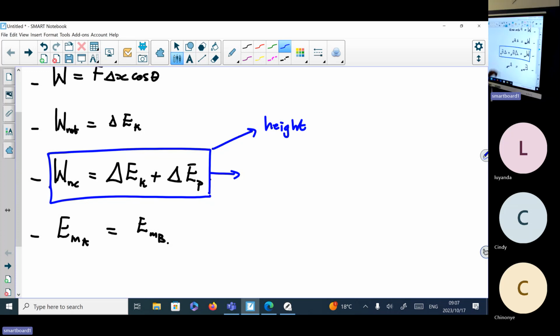Your non-conservative forces include the likes of a frictional force, or the applied force, or any one of the non-conservative forces, or it could also be the tension force.